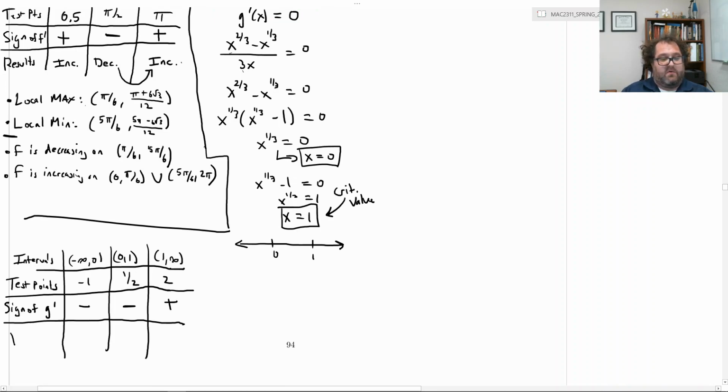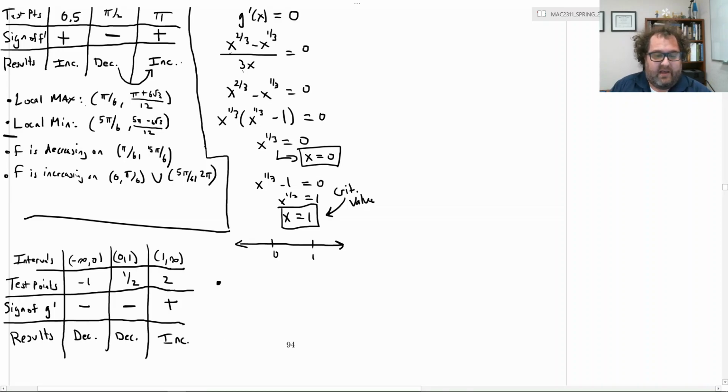Now we can fill in our results. We are decreasing where the derivative is negative and increasing where it's positive. And now we can apply the first derivative test. The first derivative test says if you change from decreasing to decreasing at a critical value, or increasing to increasing, then you have not found a local extrema.